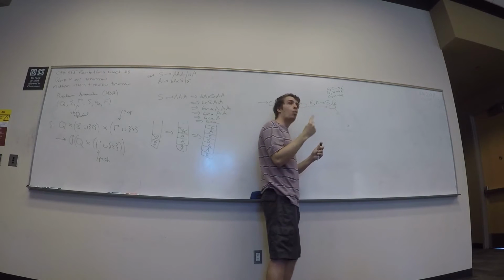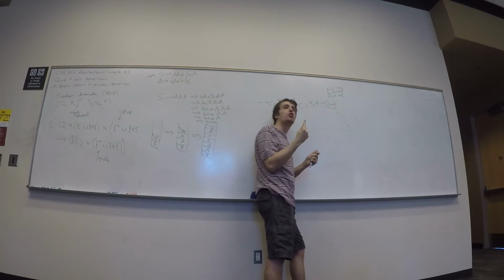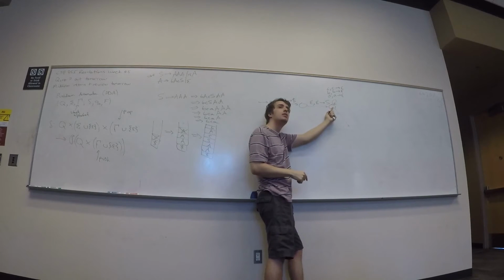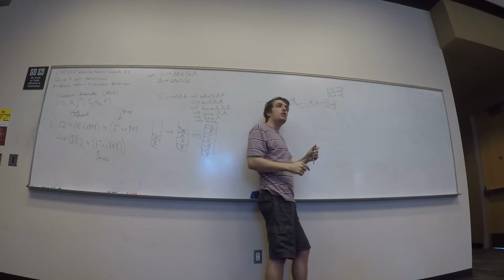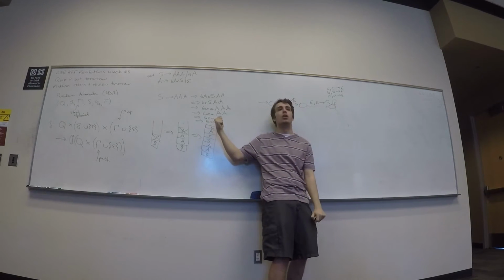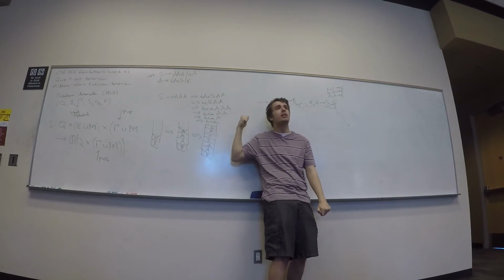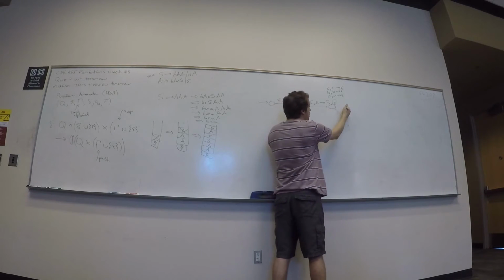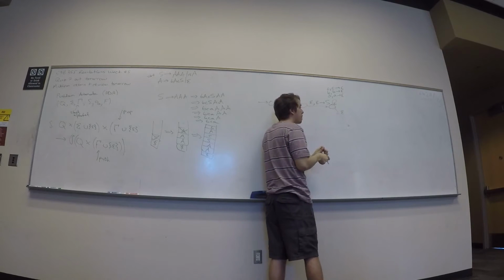Well, what are the only transitions that are going to read here? Should I read on anything other than these self-loop transitions? No, because the only time I read is when I produce a terminal with the derivation. I shouldn't ever read any other time. So this transition better not read.